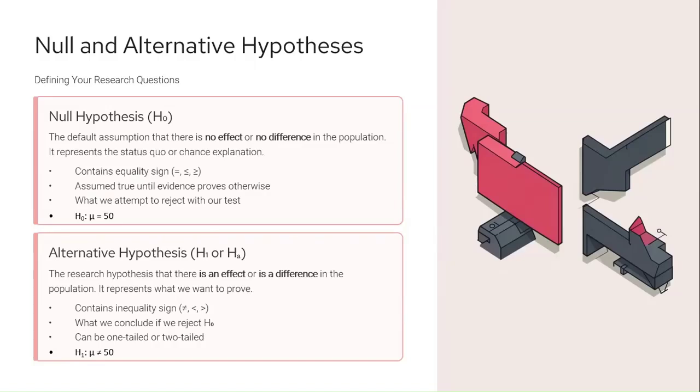For example, if we are testing whether the average score differs from 50, then my null hypothesis H naught will be mu equal to 50, that is mean is 50. An alternative hypothesis will be H1, mu is not equal to 50. In hypothesis testing, our goal is usually to determine whether there is enough evidence.